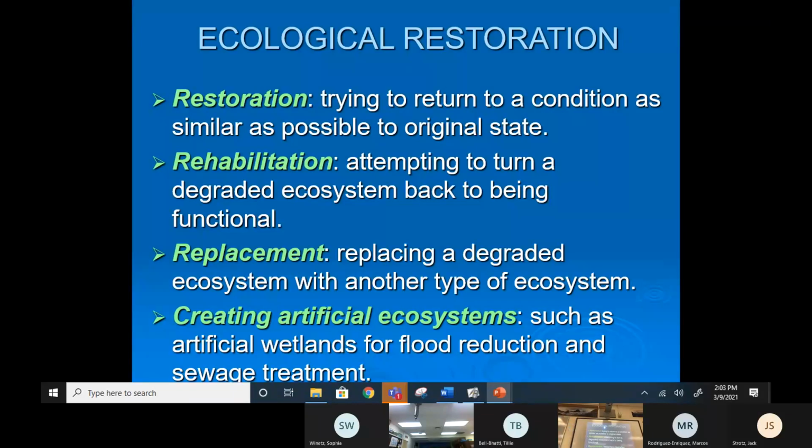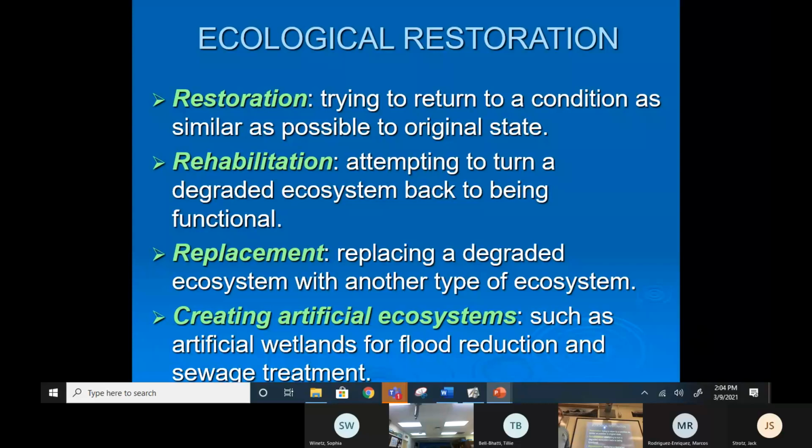So restoration is after it's been damaged, trying to get it back. Rehabilitation, also trying to get it back, usually not bringing it completely back. Replacing it, okay, it's too late, we can't bring it back, but we can put another ecosystem there. Maybe we can have a nice grassland where there used to be a forest instead of just an eroded hillside.